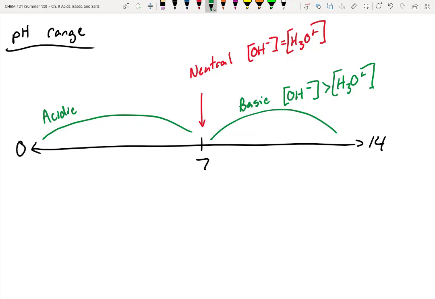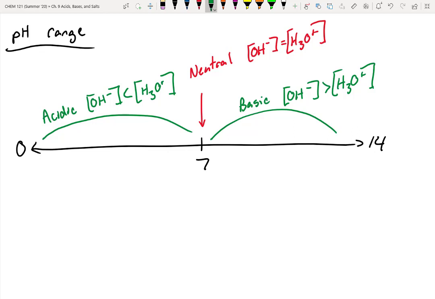And that's going to be the opposite. It's going to be where we have more hydronium than hydroxide. But obviously, this is a lot easier to wrap your head around. 0 to 14 are manageable numbers. When you're talking about 14 orders of magnitude, it's too many numbers.